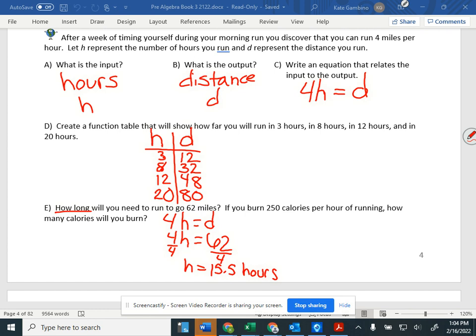If I burn 250 calories per hour of running, how many calories will I burn if I run 62 miles? Leah, what do you think? 3,875. How did you find that, Leah?